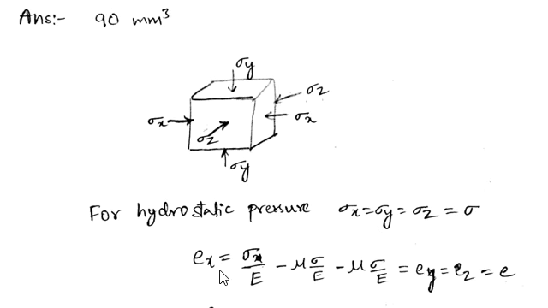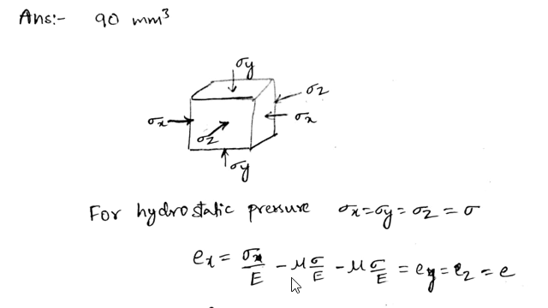Suppose we are calculating strain in x direction, but the load or stress in the y direction and also the stress in the z direction will cause negative strain in the x direction. That amount of negative strain will be the Poisson's ratio times the strain in that particular direction.